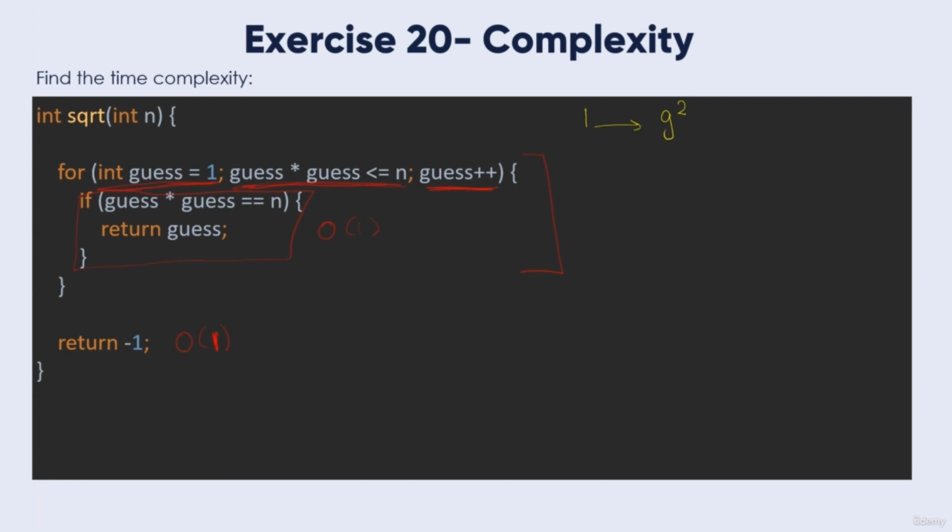Now, let's start by taking n equal to 5. For int guess equal to 1, guess square less than or equal to n, and guess plus plus. We start from 1. This is the iteration, n, guess, and the result.